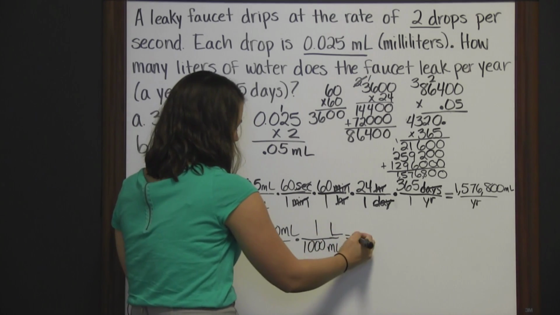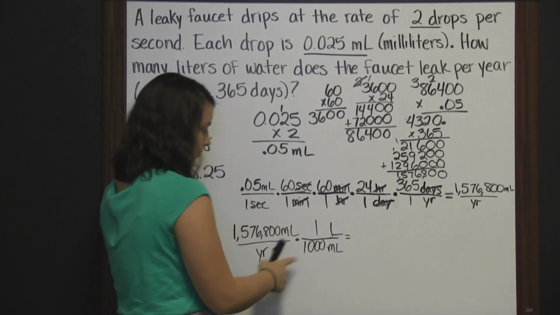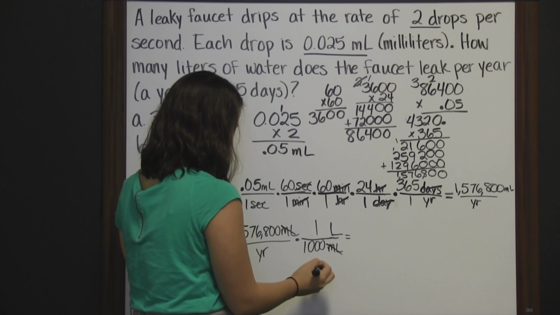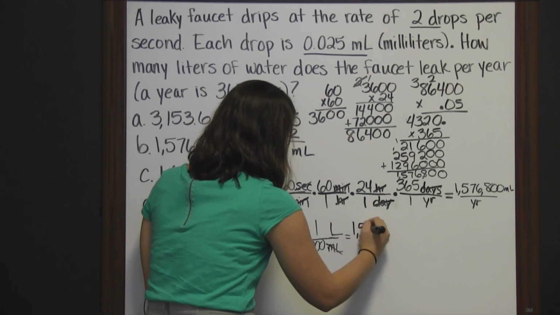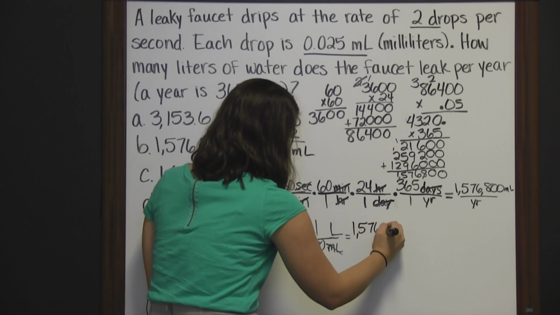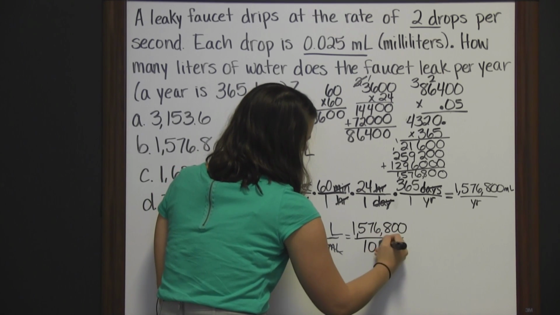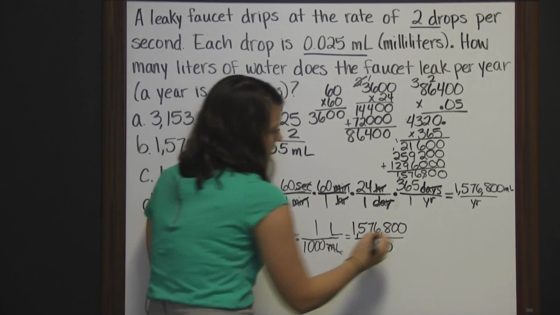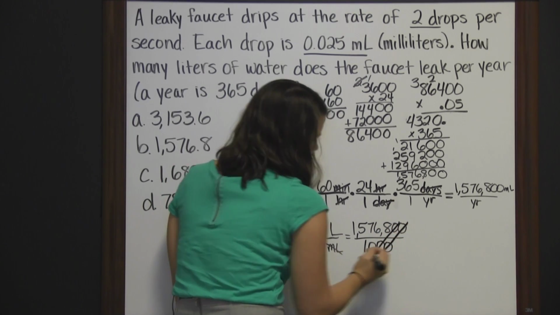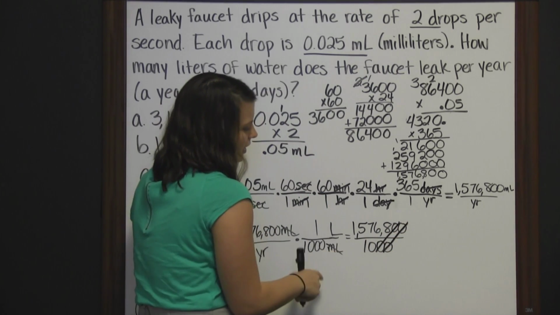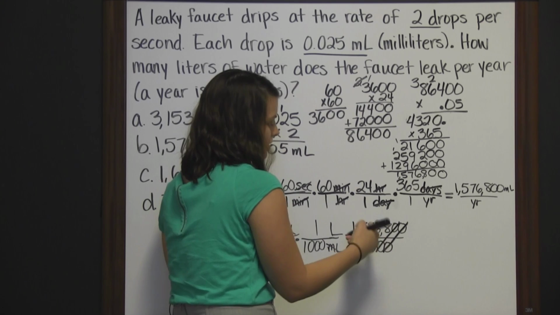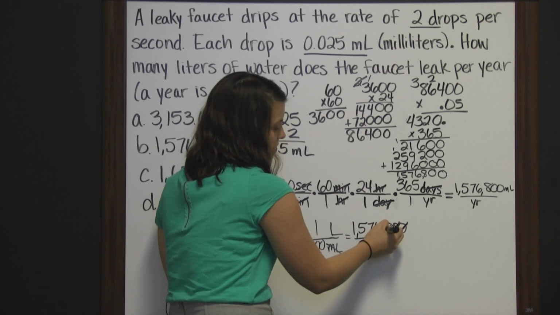So when we multiply across, our milliliters cancel. We get 1,576,800 divided by 1,000. So we can cancel these 2 zeros, and then dividing by 10 means that our decimal moves 1 place.